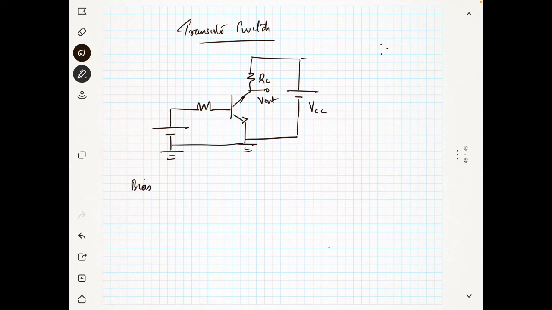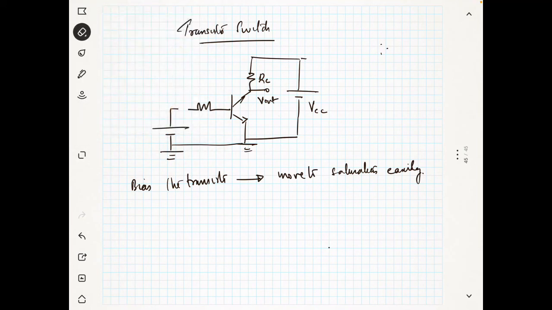I told you we will bias the transistor in such a way that it will move to saturation easily. Let us assume that you have a mechanical switch here.